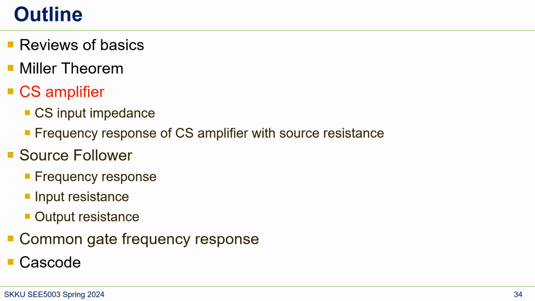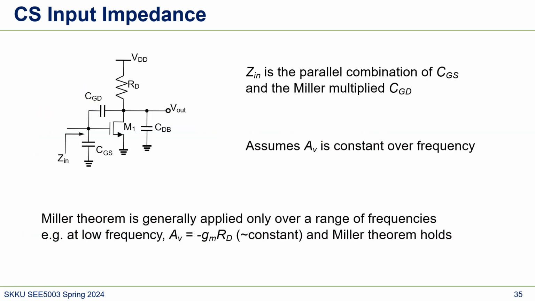Next, let's apply this Miller theorem to the CS amplifier. Let's apply Miller theorem on our CS input impedance. So input is here. So the Zin is a parallel combination of CGS and CGD.